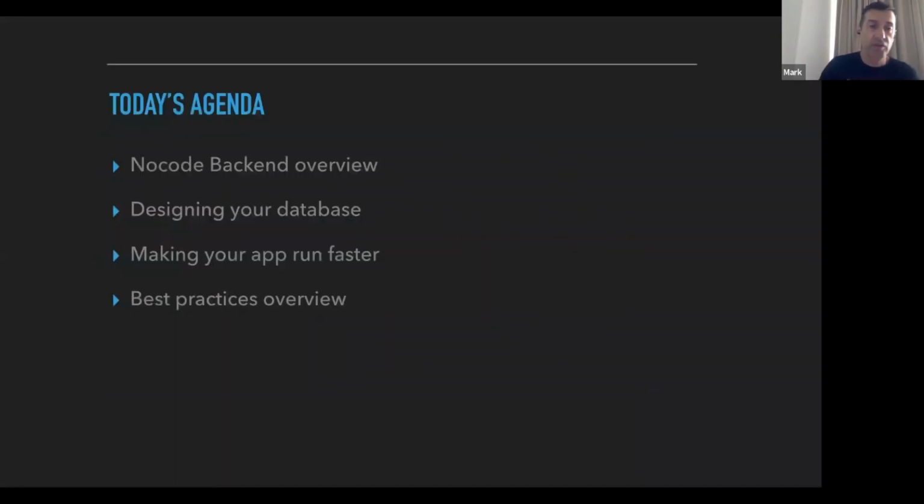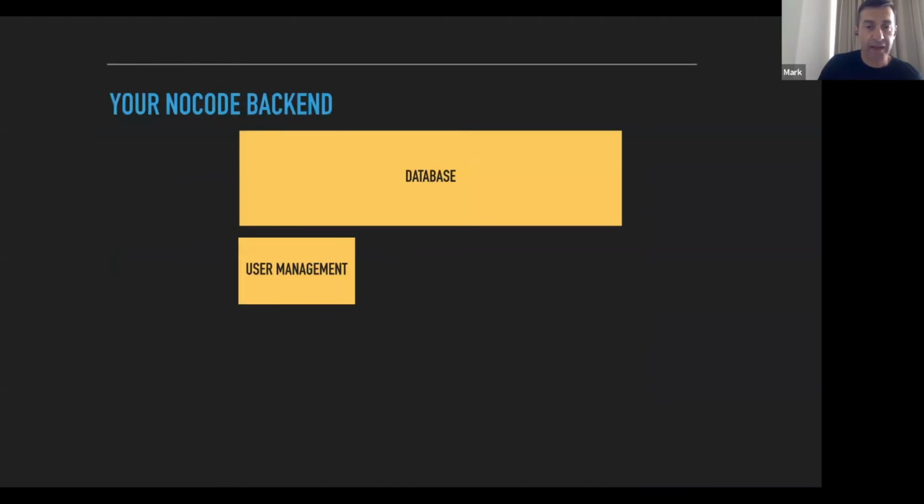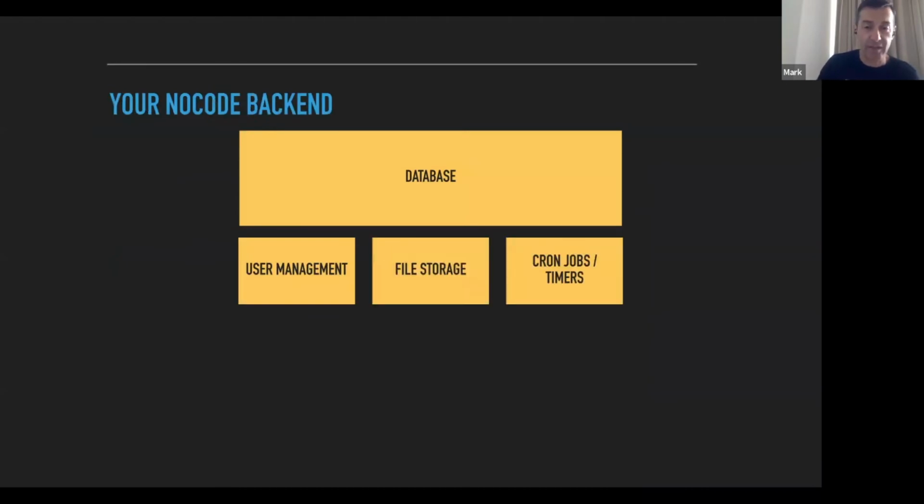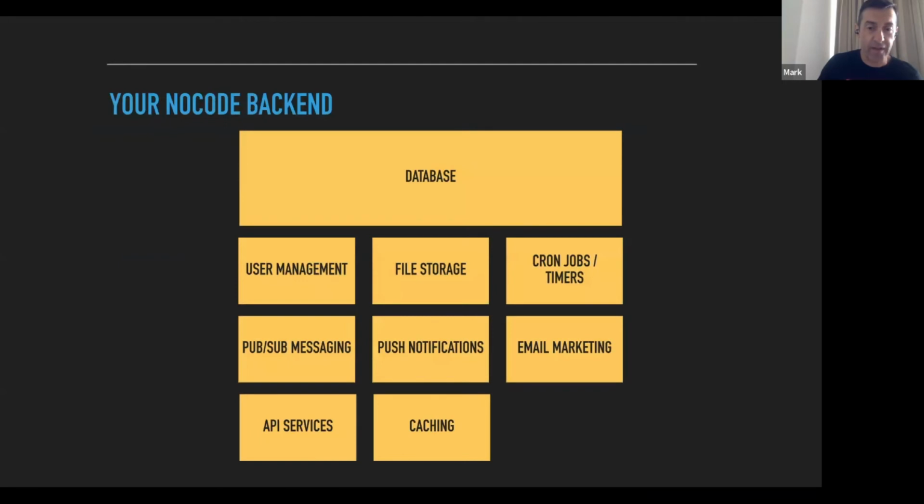All right, so no-code backend, primarily database is going to be the most important thing, okay? But in addition to the database, there are many other things that really come into the no-code backend.